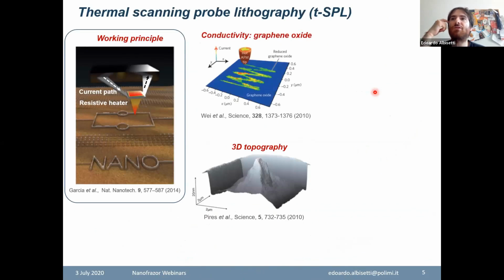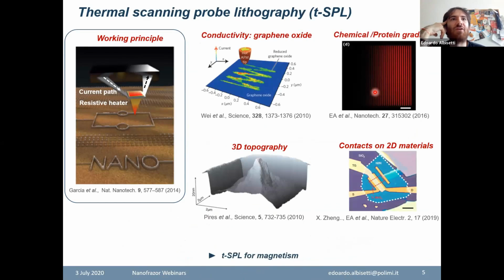And the technique that we use, that you know very well, is thermal scanning probe lithography. I will go really fast on this. It is based on using a heated tip that can be heated controllably with a high degree of precision in temperature.